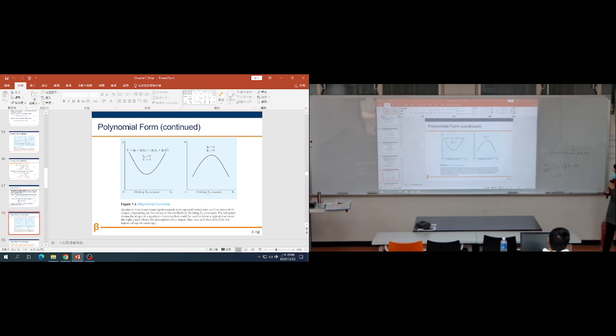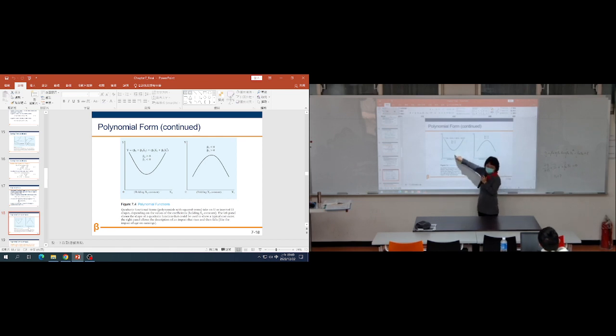I think this is easier to understand when we say that this polynomial formula is a parabola, and we have two forms of parabola. One is the U shape, where the mouth is open, upward. Then this is the inverse U shape, where the mouth is downward. This one is the opposite.